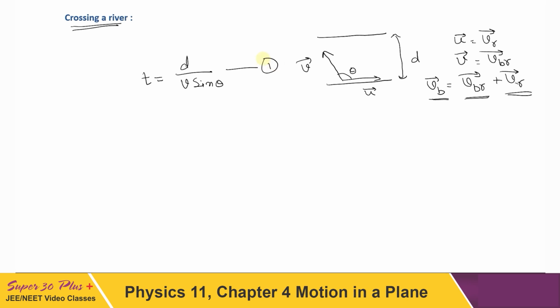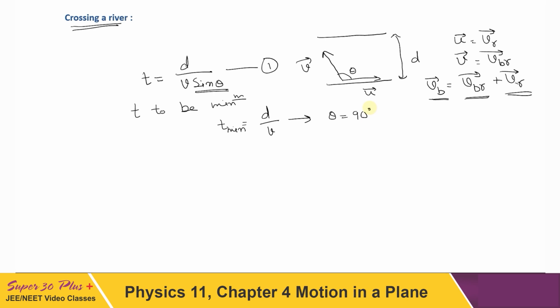Now if this time has to be minimum, so if t has to be minimum, then what should be the condition? This sine theta has to be maximum, and as we know, what is maximum value of sine theta? That is 1. So t minimum can be written as d upon v, where theta should be 90 degree.